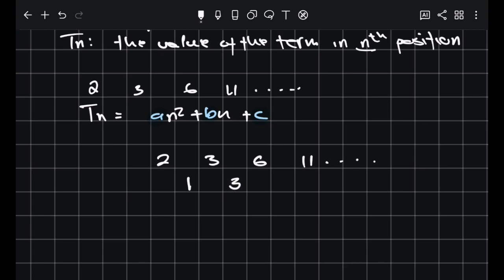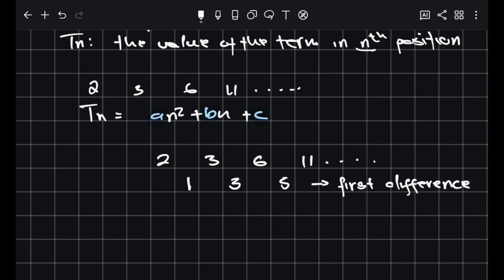And 11 minus 6, we get 5. These are consecutive to each other. So this right here is the first difference.